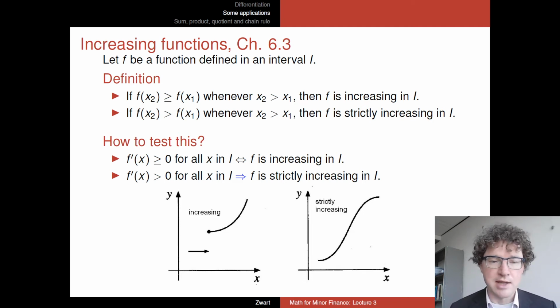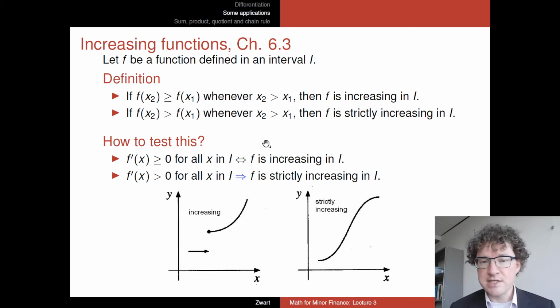So now you can imagine that there is a relation between increasing and also strictly increasing and the derivative of a function. So what is this relation? Well, if for all x in the particular interval that we're interested in, the derivative of this function f prime of x is bigger than or equal to 0, that's the first remark over here.